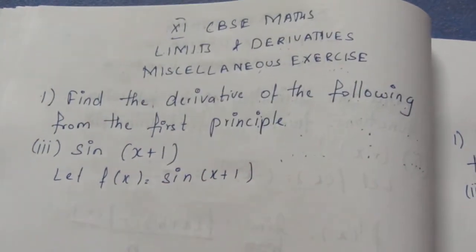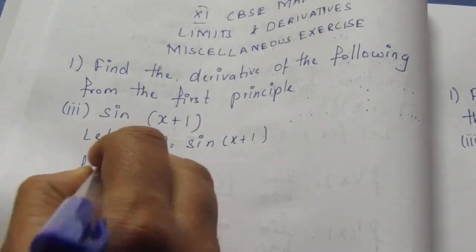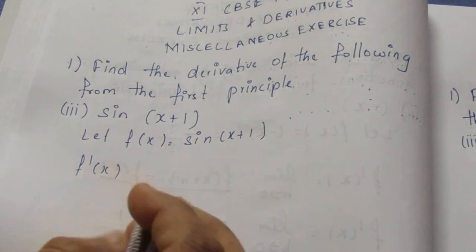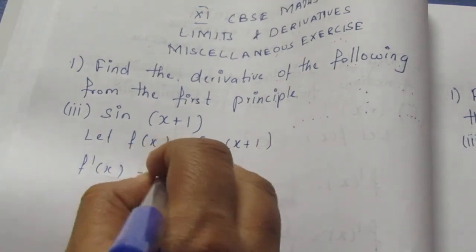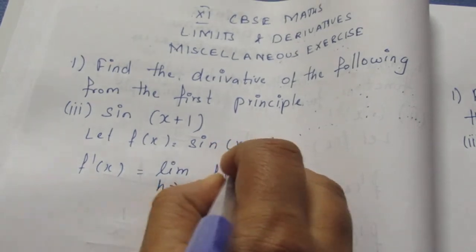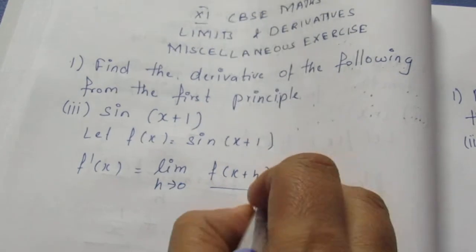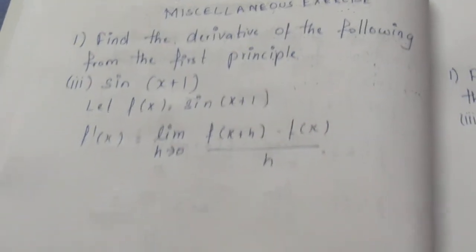We know the first principle formula. So the formula here is f dash x, which is nothing but the derivative of f of x, is equal to limit h tends to 0 of f of x plus h minus f of x by h. This is the formula for first principle.